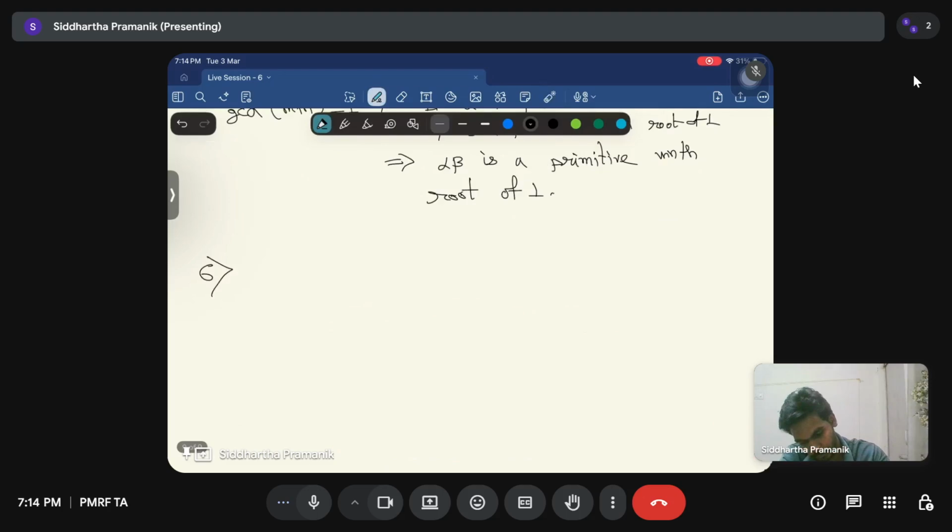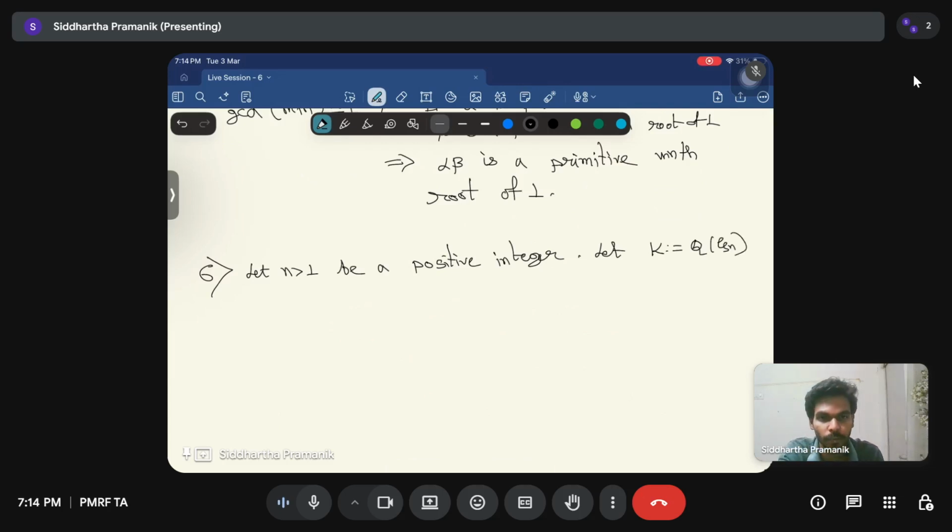Okay, so let n bigger than 1 be a positive integer and let K be the nth cyclotomic extension of Q, the cyclotomic extension of the field of all rational numbers.